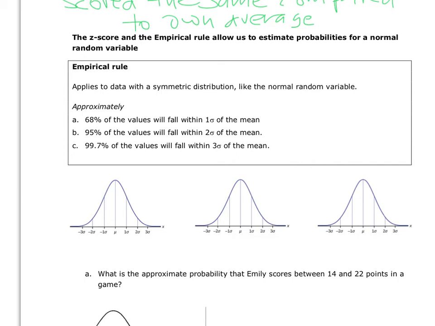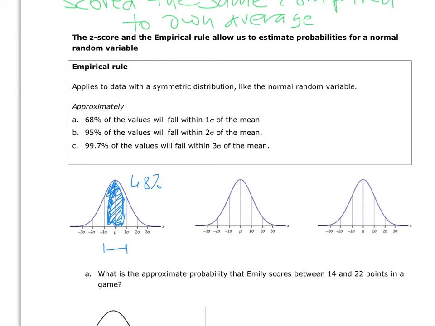So when we say within one standard deviation of the mean, we're talking about from one standard deviation to the left to one standard deviation to the right. So this area in here contains 68% of the values, within one standard deviation of the mean.